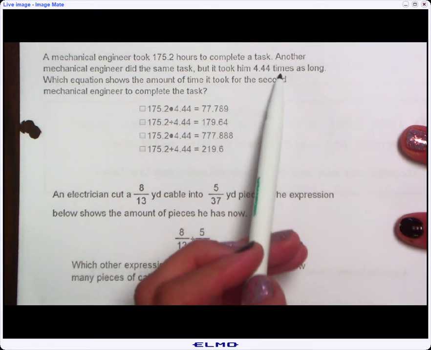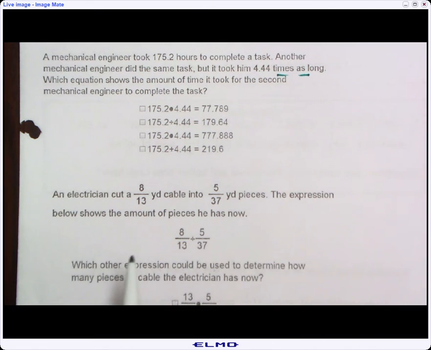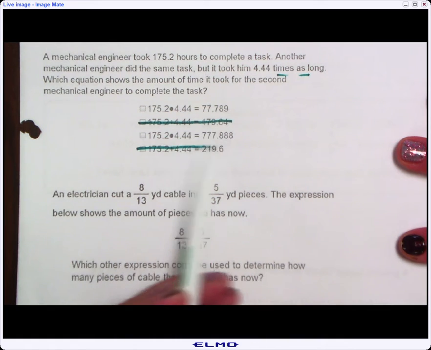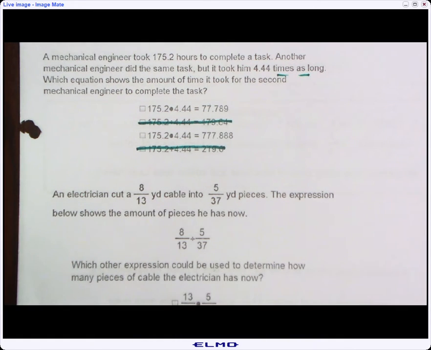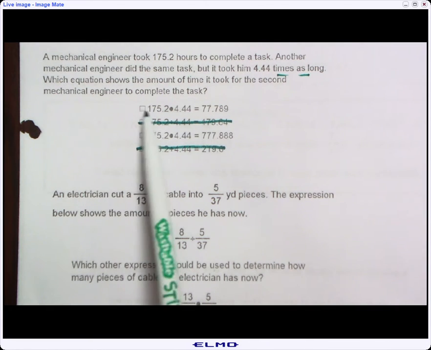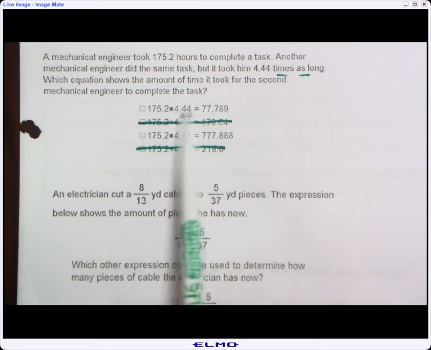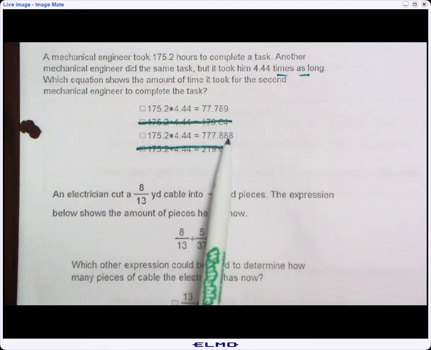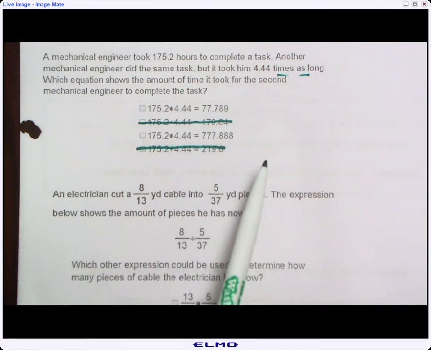So this "times as long" is a hint that it's going to be multiplying the 175.2 and the 4.44 together. And these two problems are about division. So I can already pare down my multiple choice to 50-50. And all I need to do is physically type 175.2 times 4.44 in my calculator. And whichever of these is the correct answer will be the answer that's right for our problem.